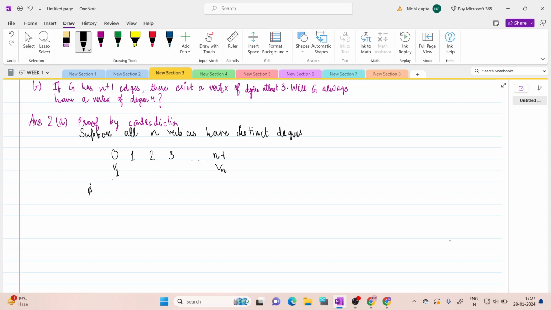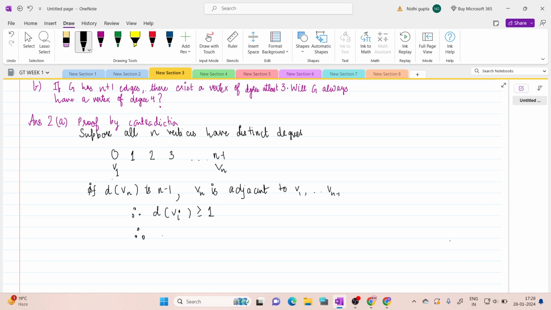If the degree of Vn is n minus 1, and since we are already talking about a simple graph with n vertices, that means Vn is adjacent to all other vertices, V1 till Vn minus 1. Therefore the degree of each vertex is greater than or equal to 1, and we cannot have a vertex of degree 0.